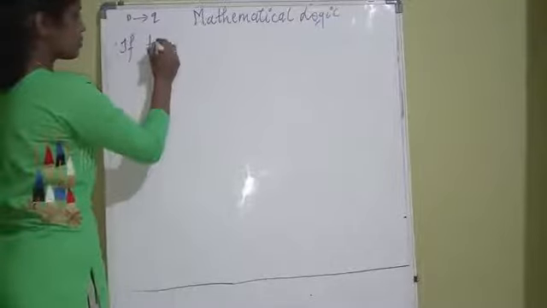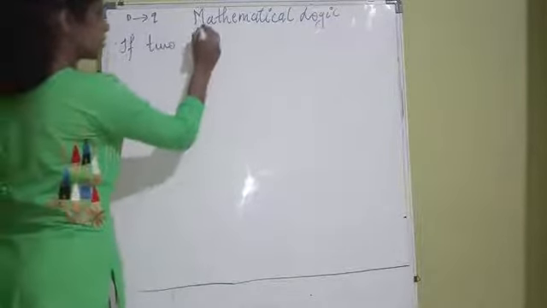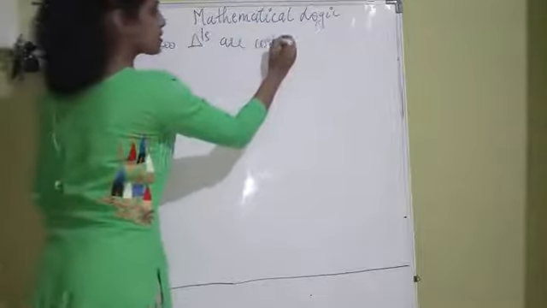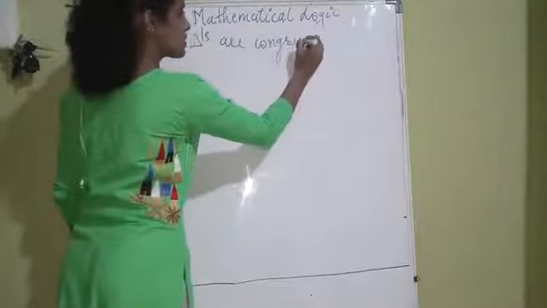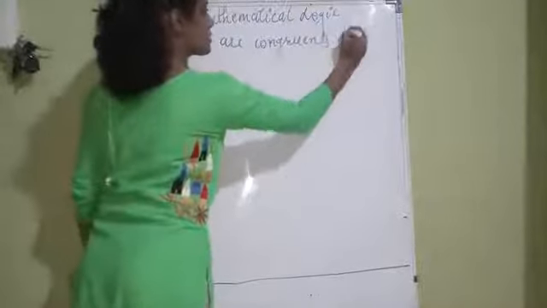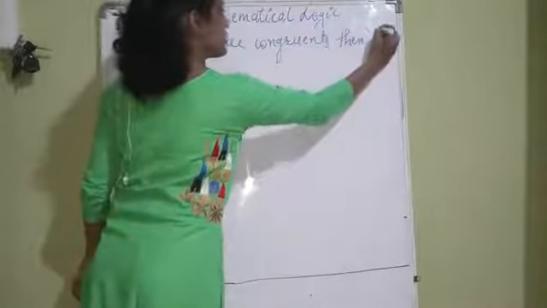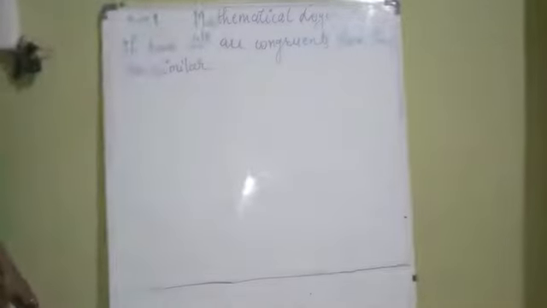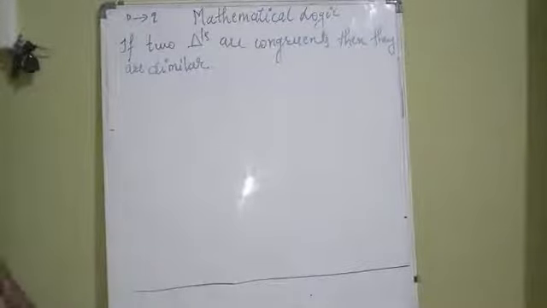If two triangles are congruent, then they are similar. Okay. If two triangles are congruent, then they are similar.